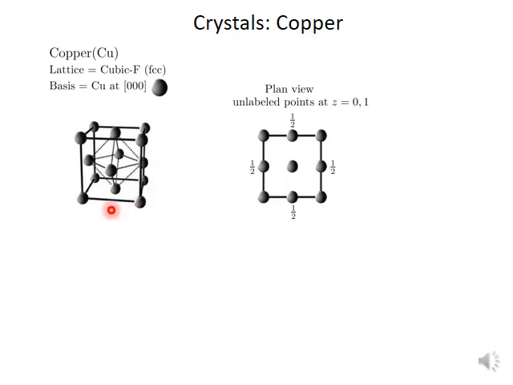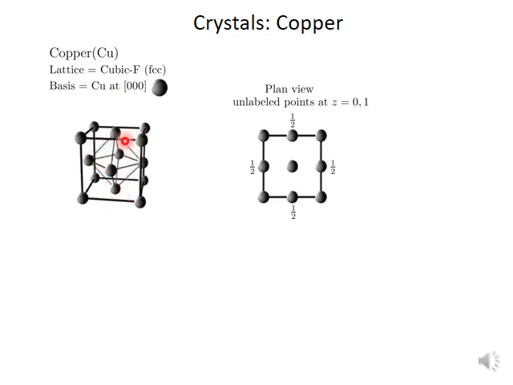and there's a planar view from the top. Now, this basis of 0, 0, 0 would mean that we take an FCC unit cell and place a copper atom at each of the lattice points. To describe a conventional FCC unit cell, we need to describe four lattice points.